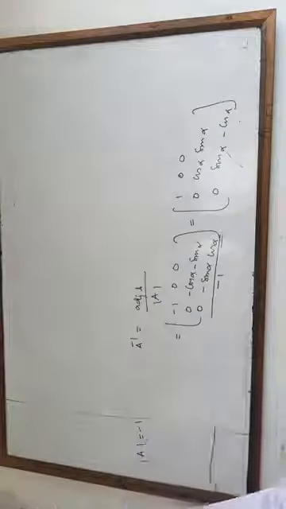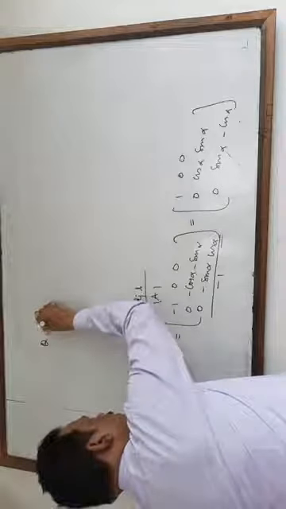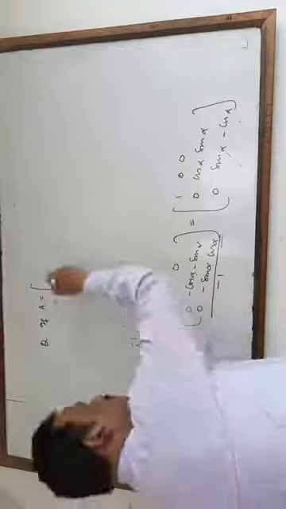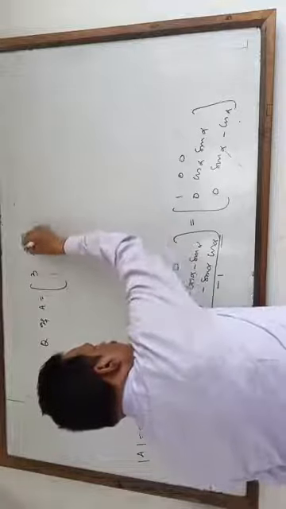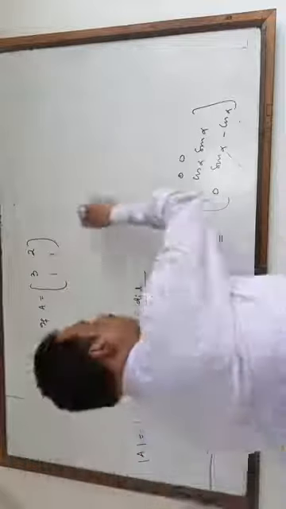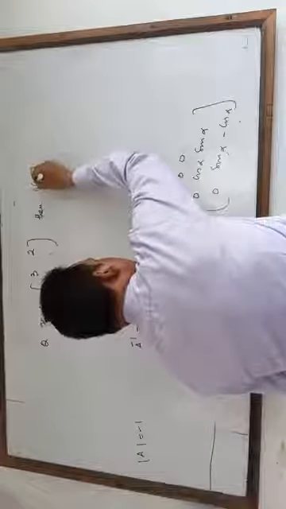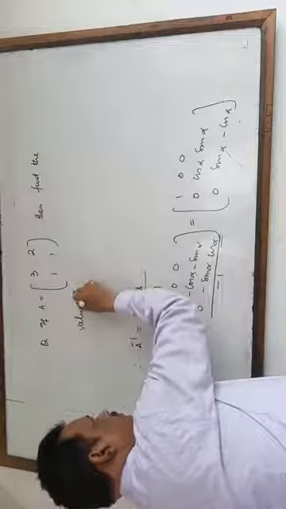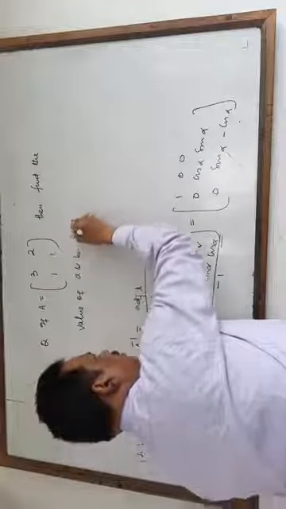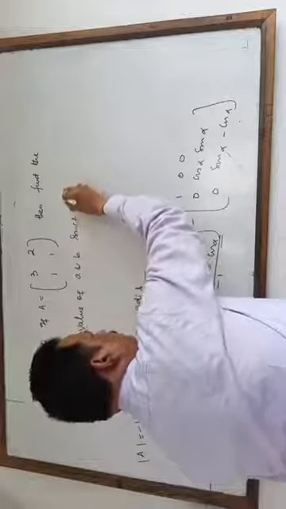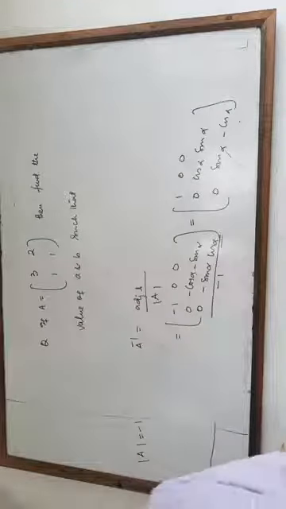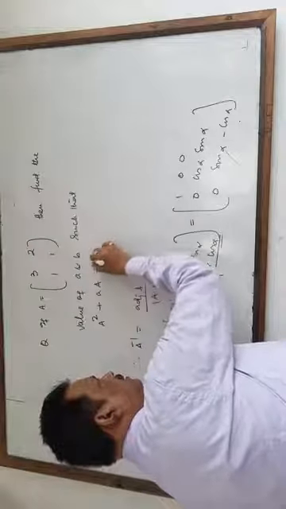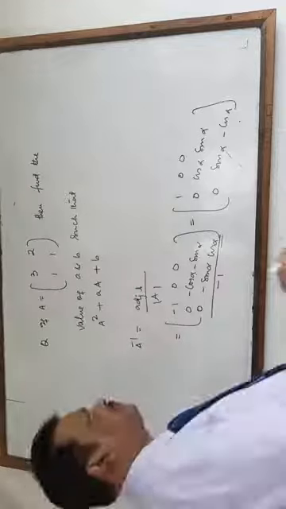Two more important questions. If A equals 3 2 1 1, then find the values of a and b such that A square plus A plus BI equals 0.